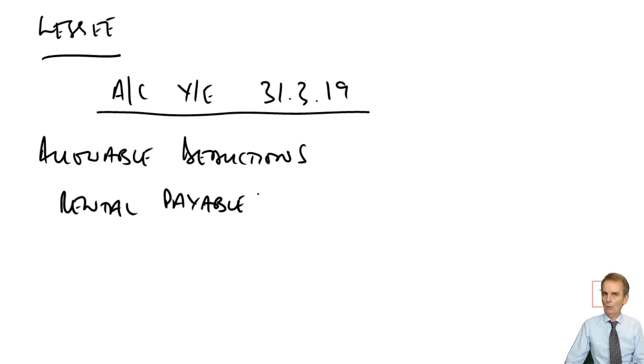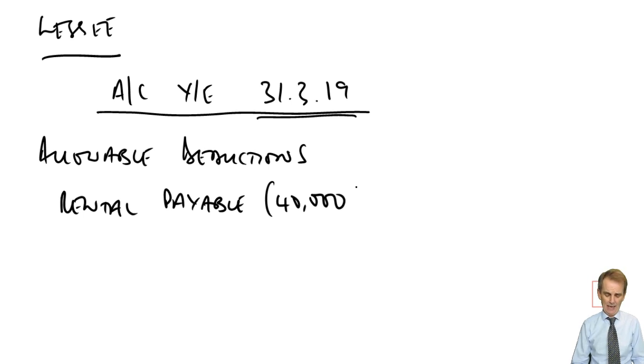That will be the default setting. So what would be the rental payable in that year ended 31st of March 19? We're working on an accruals basis, so the dates when it may or may not have been paid are irrelevant. All we need to know is that the annual rental is £40,000.